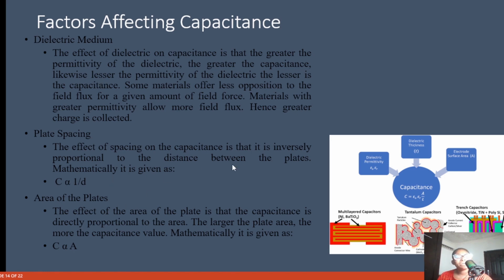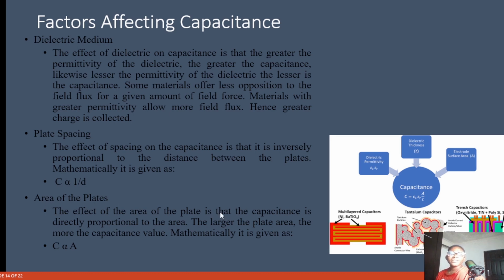Another one is the spacing. I said that the capacitance of the capacitor is inversely proportional to what? To the distance, the separation between the two plates. It is inversely proportional. So big separation, small capacitance. Small separation, big capacitance. The last is what? The area of the plate.